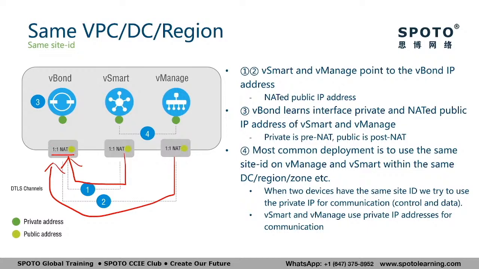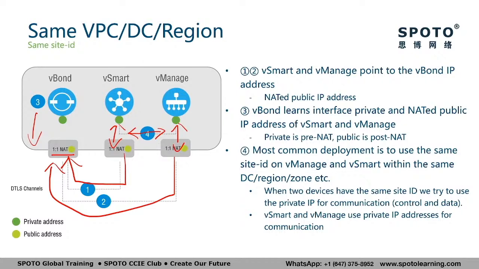Then vBound learns the private and NATed public IP addresses of vSmart and vManage. The relationship here. vBound will try to learn this relationship. So it knows both public IP addresses and both private IP addresses.